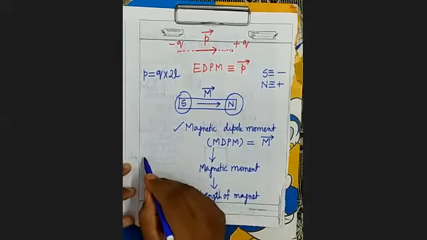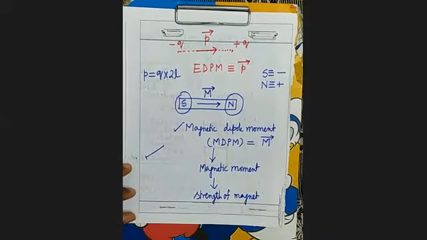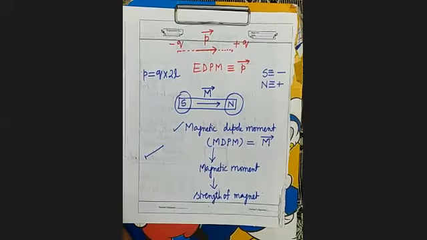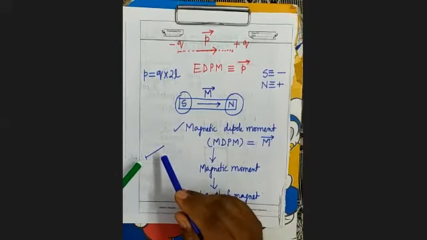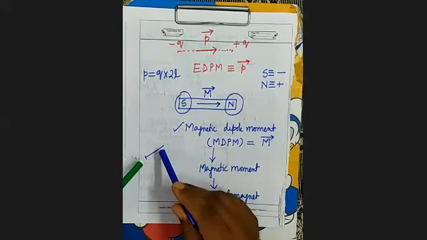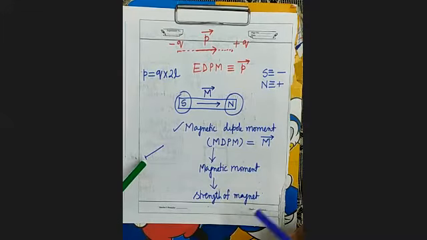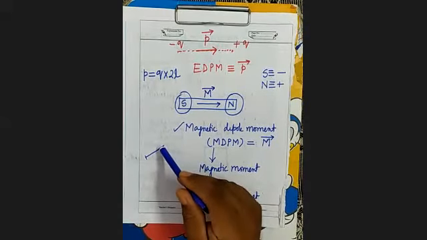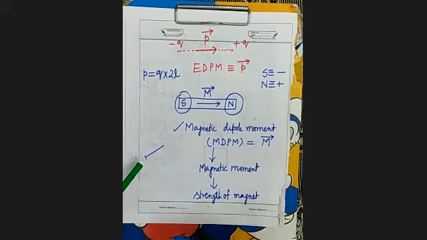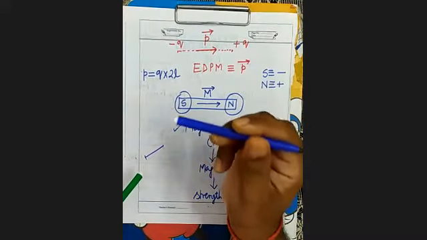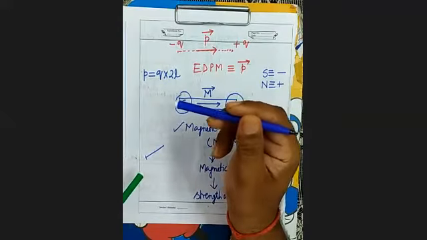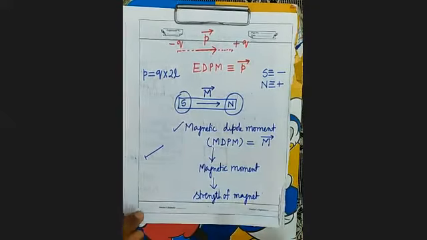For example, this is an iron nail, and if you hold two magnets near it at an equal distance, suppose this blue magnet is attracting very strongly and the other is attracting less strongly. What will you say? You will say that this magnet has more magnetic strength. It means its magnetic moment is greater.